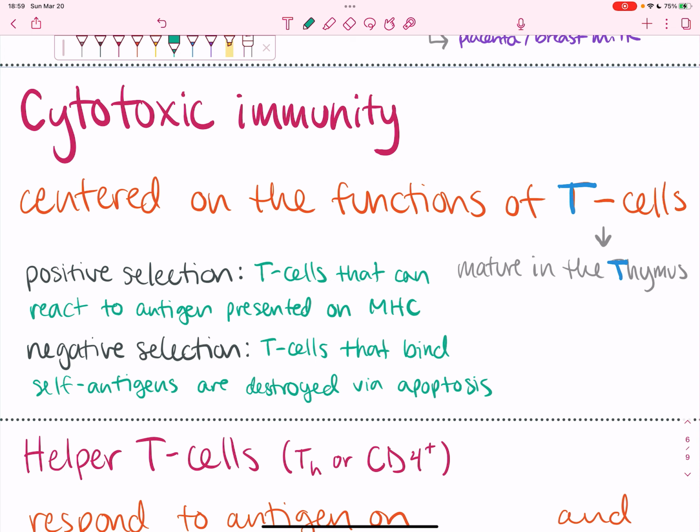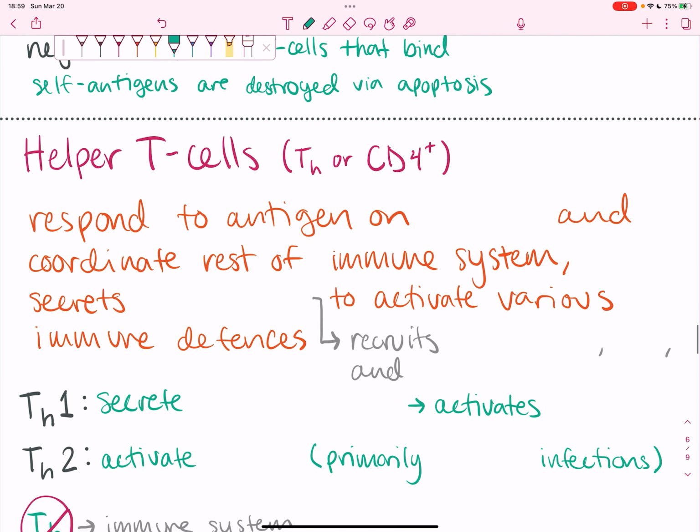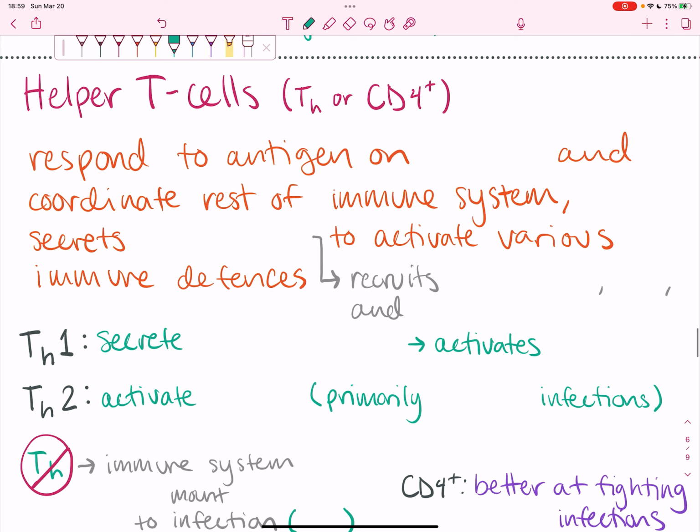Alright, now helper T-cells. Remember I talked about those as the CD4+, or also TH. Helper T-cells respond to the antigen on MHC2, and they coordinate the rest of the immune system.